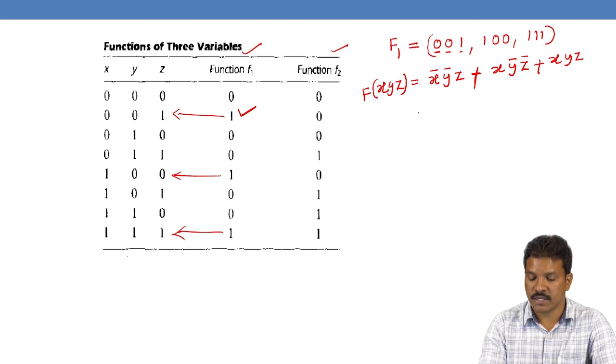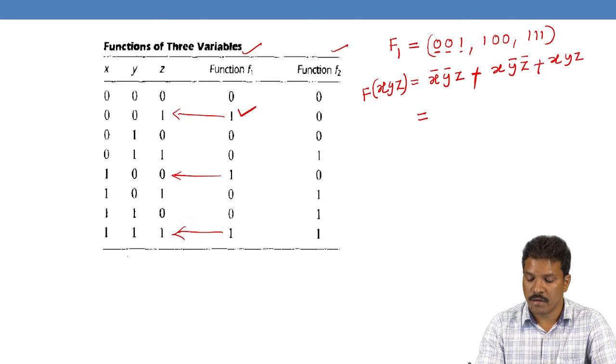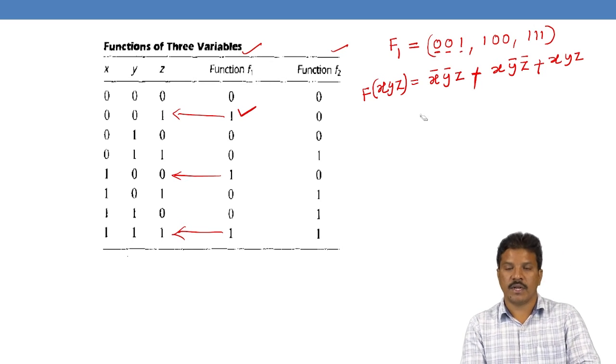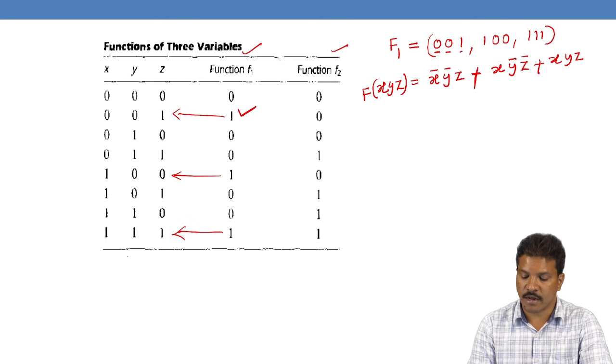So in this case, we can represent that Boolean function. If there is any common term, we can extract that common term also. If it is not there, we can keep that expression as it is.